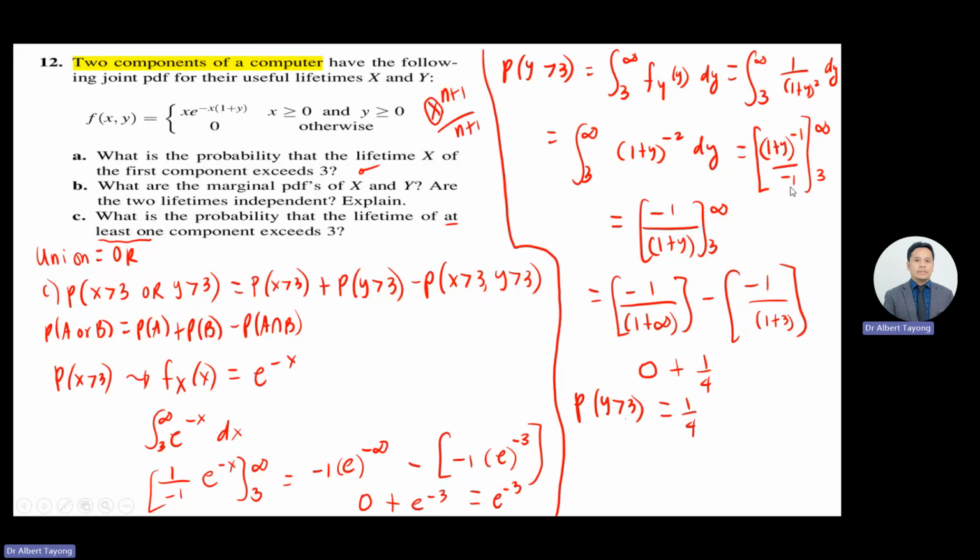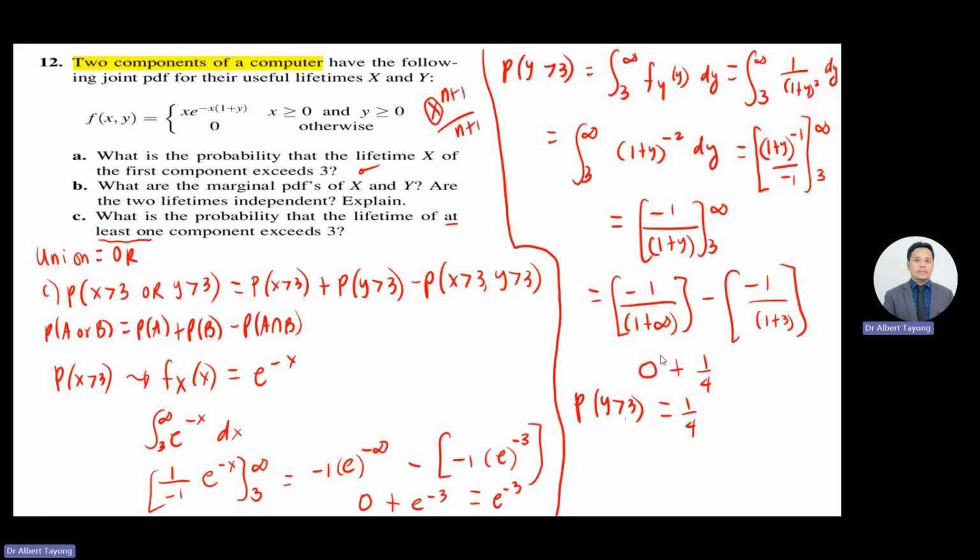We transfer this one below, negative 1 becomes positive, from 3 to infinity. So negative, you can put this one here before the fraction, 1 over 1 plus infinity. This is positive 1 plus infinity, so this is going to be a positive value here. So 1 over positive infinity is going to approach 0.